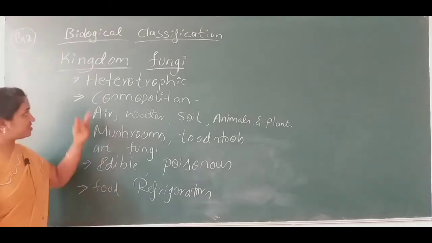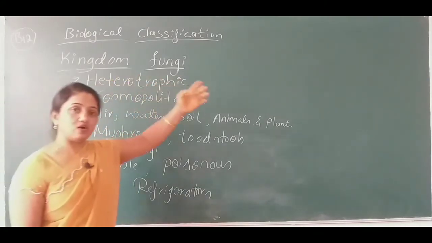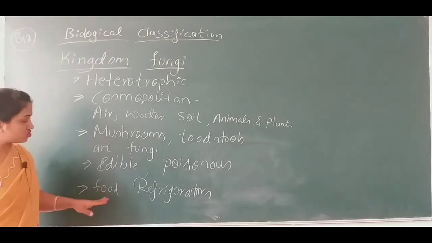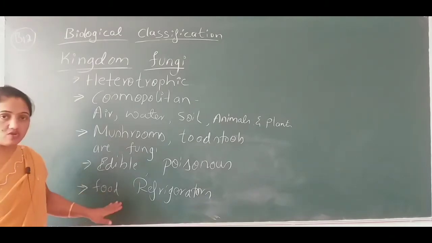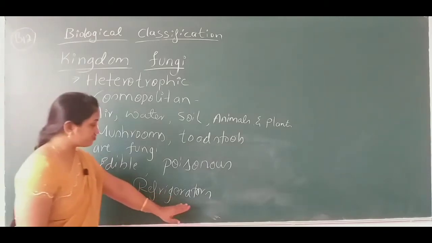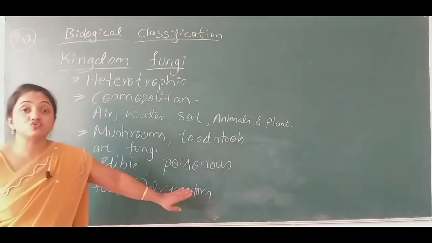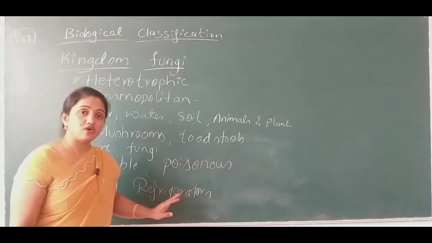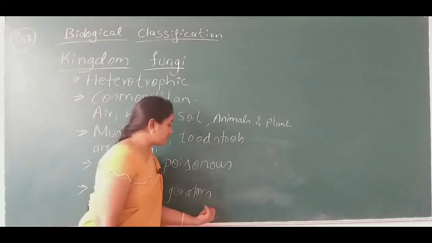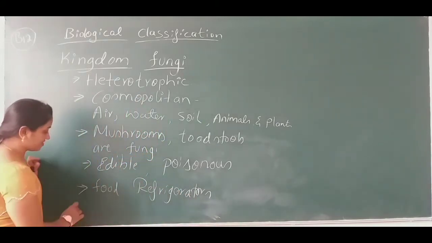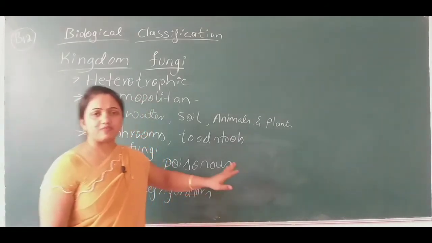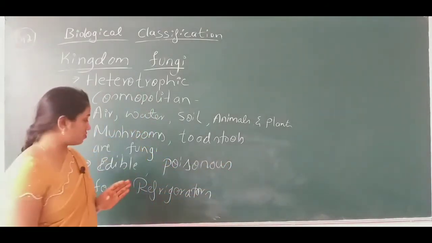Because organisms like fungi or bacteria grow on that food so that it becomes spoiled. To avoid that spoiling, we used to preserve it by keeping it in the refrigerator. Under such temperature, the fungi or bacteria do not grow.